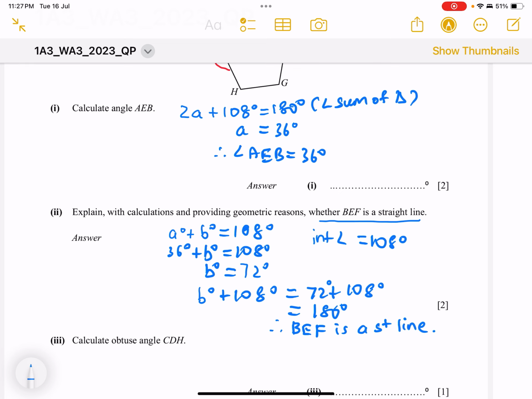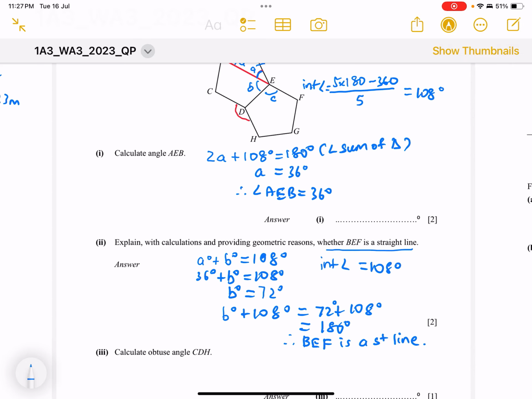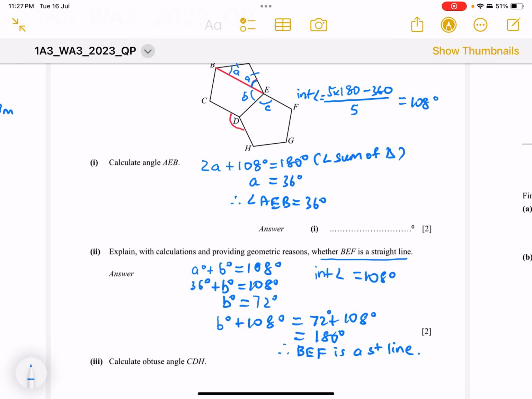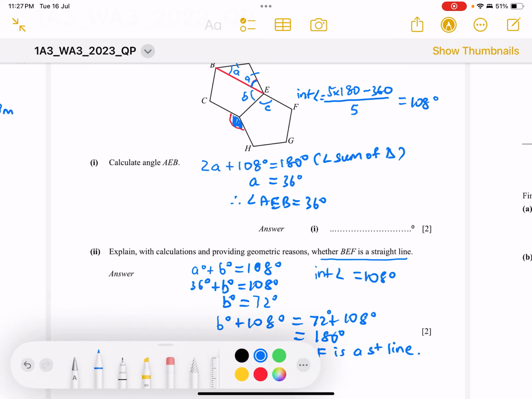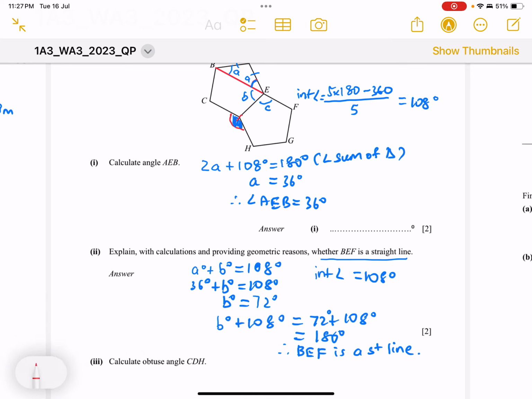Now we have to calculate the obtuse angle CDH. And CDH is this angle here. So what we can see is that this angle is actually made up of two exterior angles. If we extend it out, it's made out of two exterior angles of the pentagon.